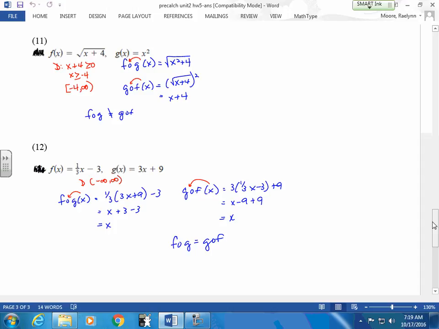Now, on Thursday, we're going to see when they're both equal to x, they're equal to the same value. These are inverses of each other. I don't know if you remember that from Algebra 2. When you plug one into the other, and they both come out to be x, those are true inverses. That means their inverse is also a function. It means their original was a one-to-one.